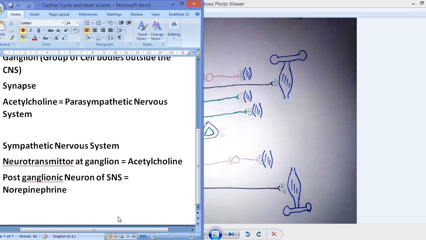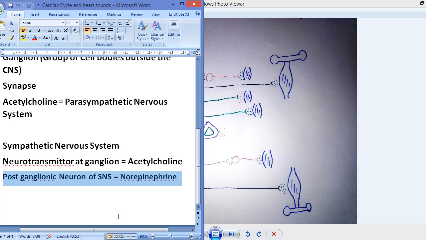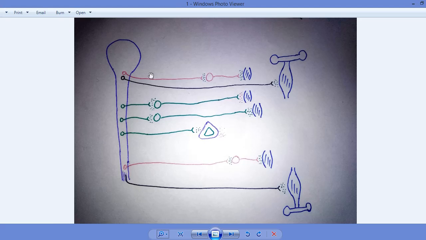Okay, the postganglionic neuron of the sympathetic nervous system will secrete what? That will secrete norepinephrine, and that norepinephrine is not for all the muscles or all the postganglionic neurons. There is some exception. The only muscle which is present in the sweat glands.